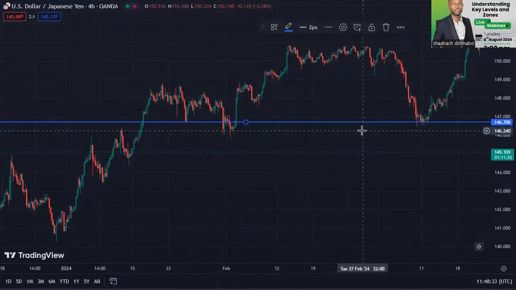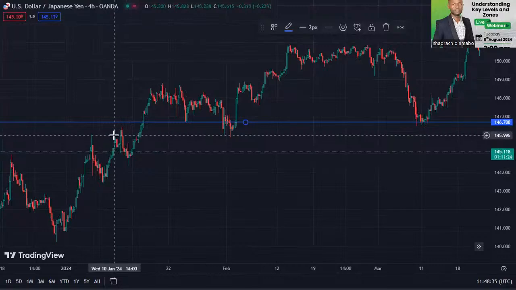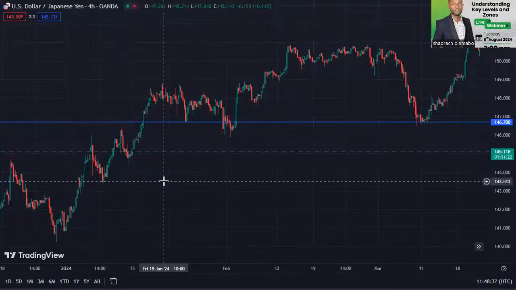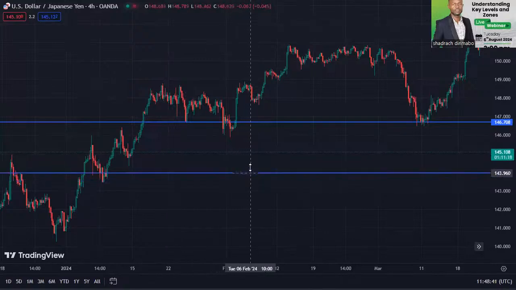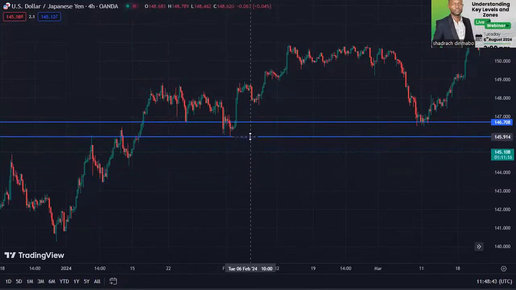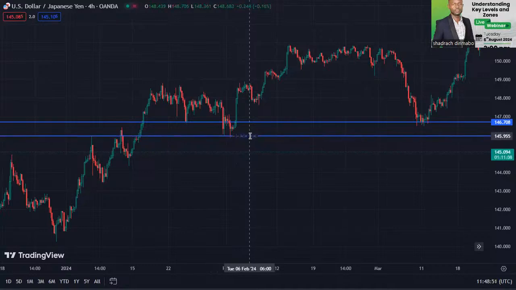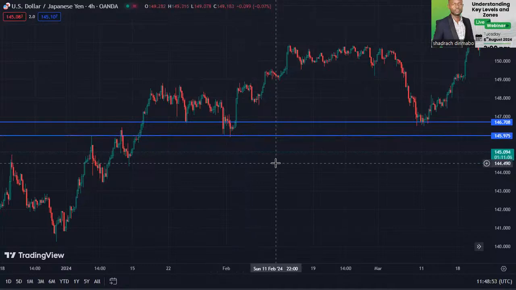You could see this point. Then let's look at this point also, to create our zone. Okay, let's put it there. Now, this is our zone.